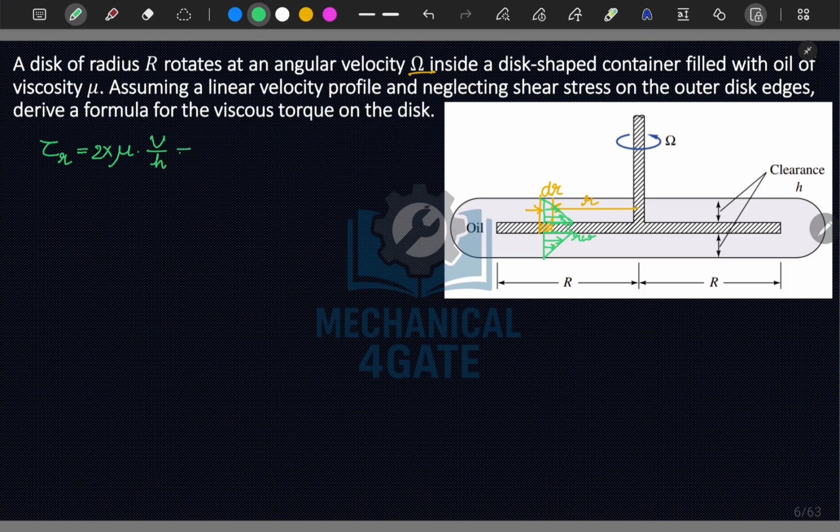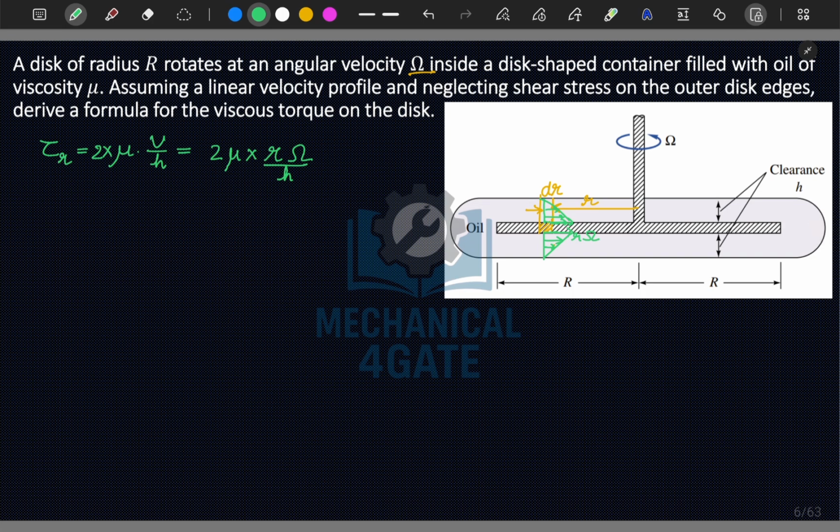Here v will be r times omega, so tau r is 2 mu r omega by h, where h is given as the clearance. This is the shear stress at any point.